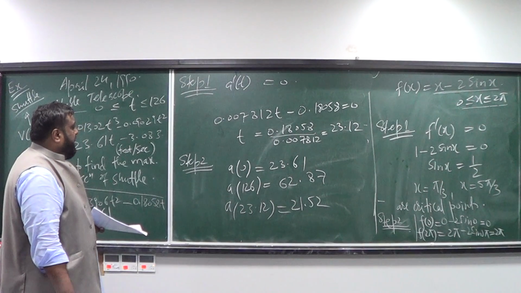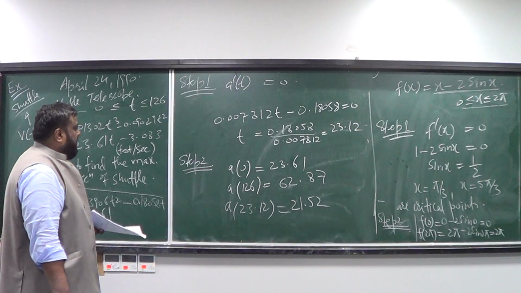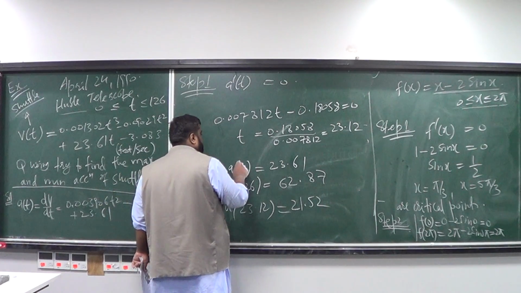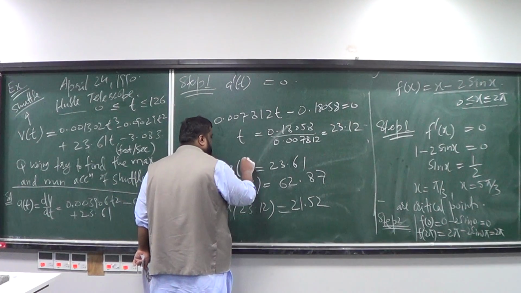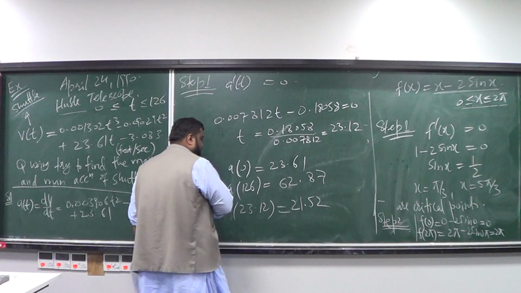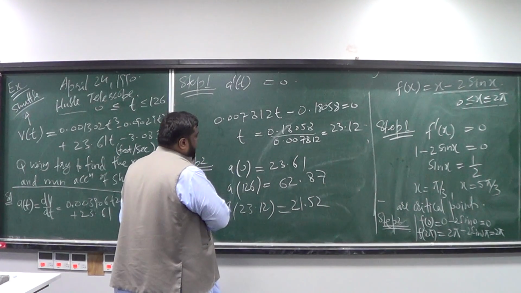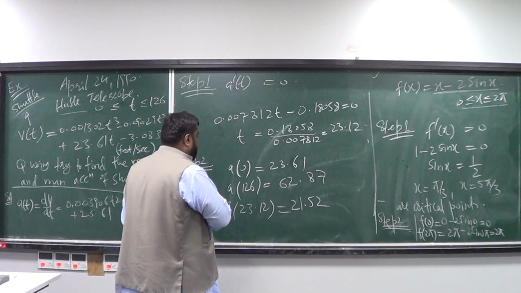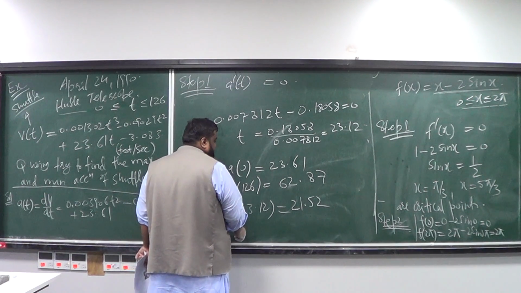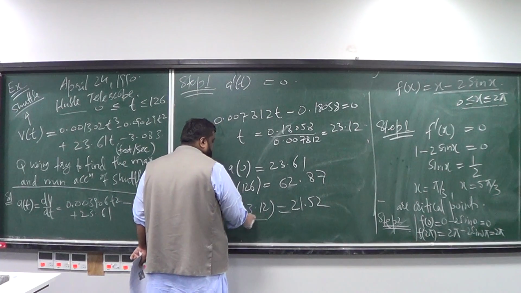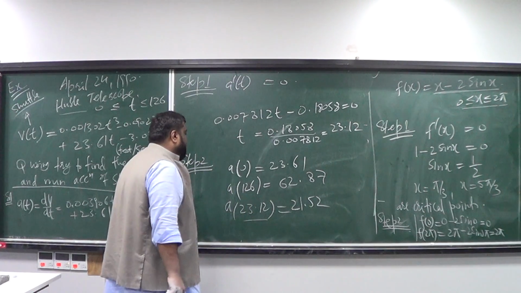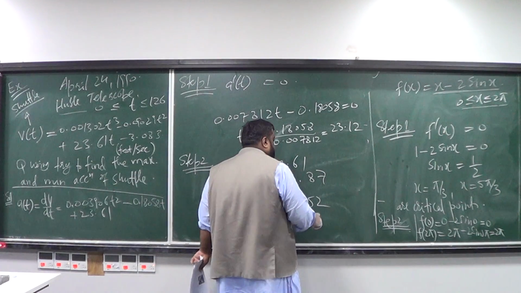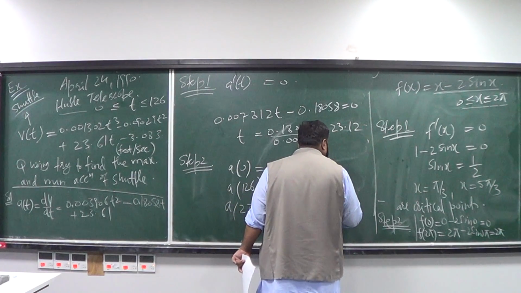Where is the maximum and where is the minimum? You might say the minimum acceleration was at the beginning. No, the minimum acceleration that the shuttle achieved was after 23.12 seconds, and the acceleration was 21.52 feet per second squared.